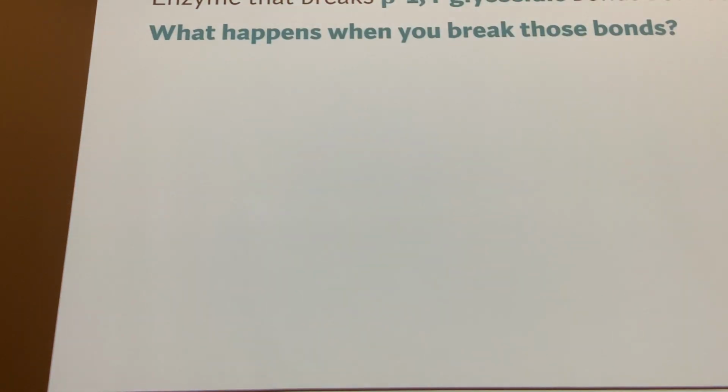All right, so we're going to talk a little bit about lysozyme as well. Lysozyme is an enzyme that breaks down beta-1,4 glycosidic bonds, specifically between N-acetylglucosamine and muramic acid. So what happens when you break those bonds?